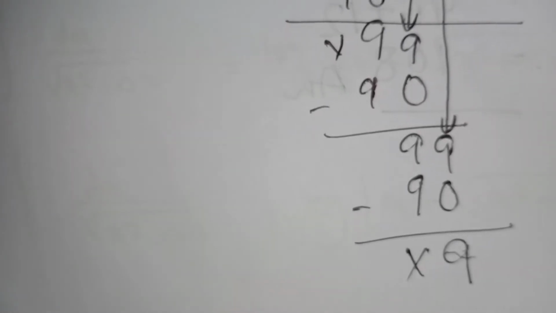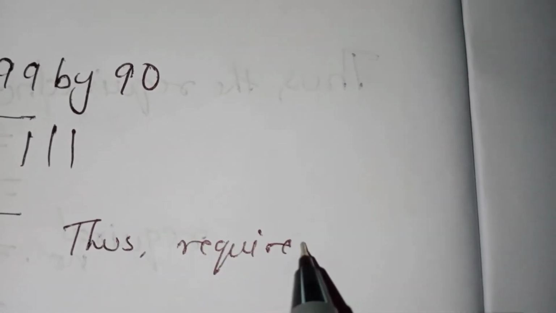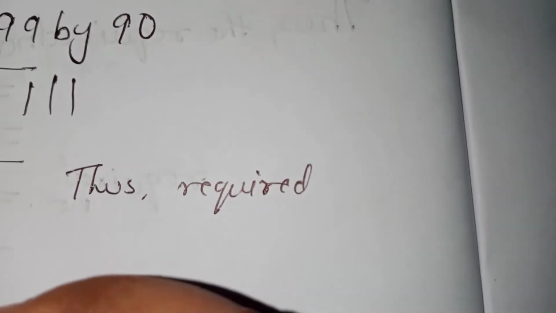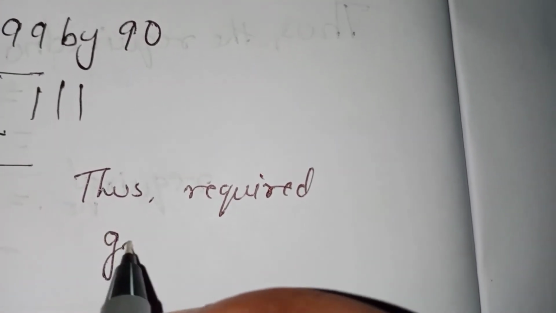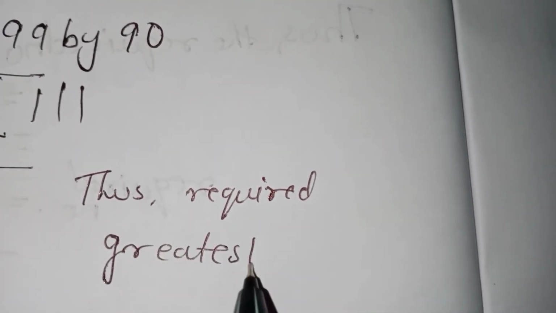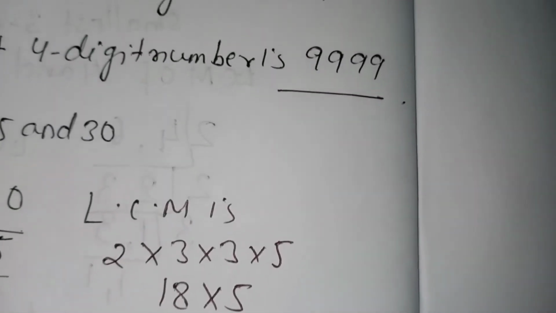Now next step is what? Now we got the remainder as 9. Thus, required. Okay, required greatest. In this question they have asked for the greatest. How many digits were given here? 4 digit.